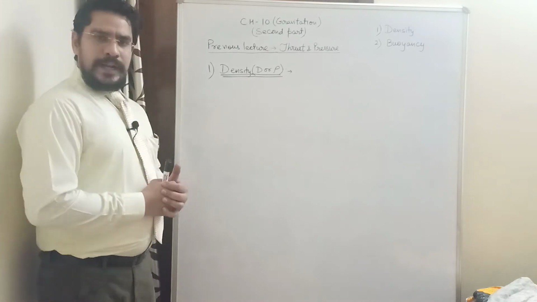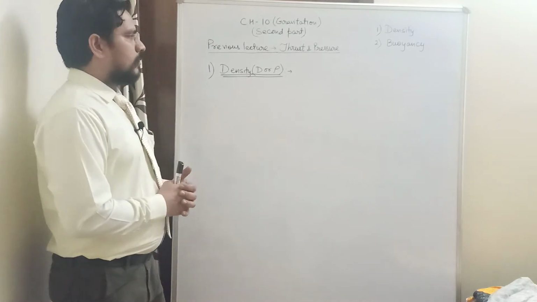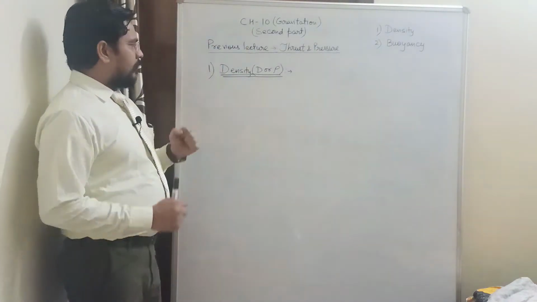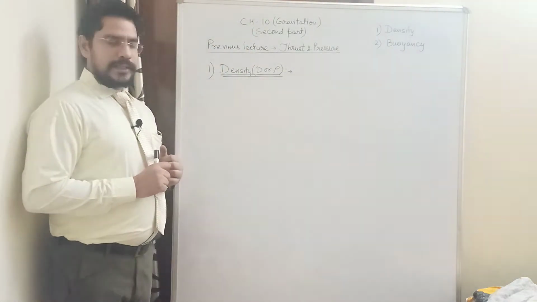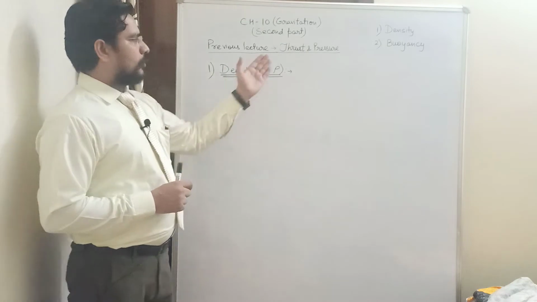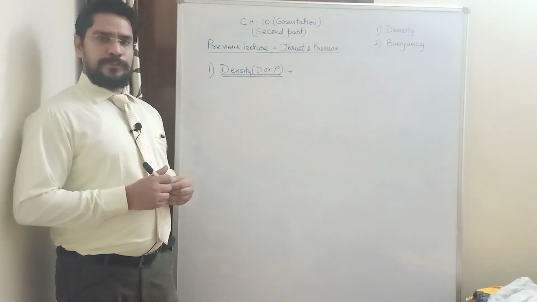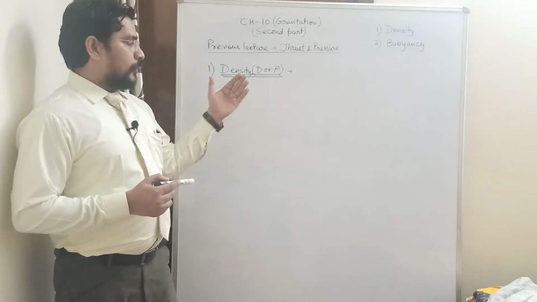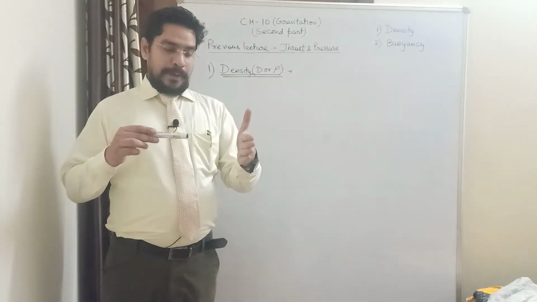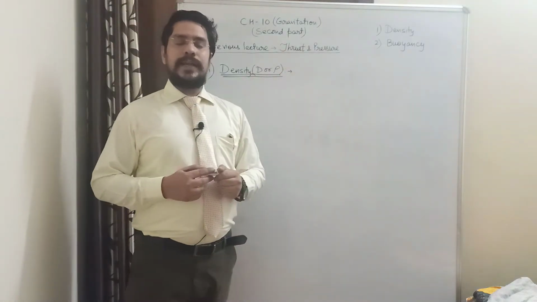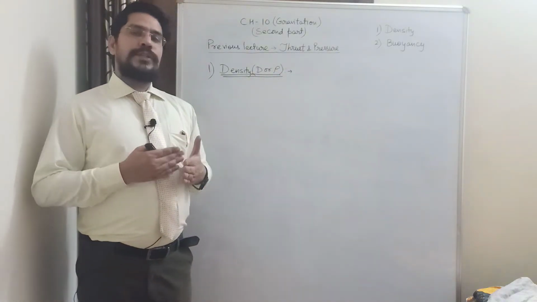Before we start today's lecture, which is about density and buoyancy, let me give you a brief recap of our previous lecture, in which we discussed thrust and pressure. We discussed how thrust is different from force, as thrust is a force perpendicular to a surface, and pressure is defined as force per unit area.